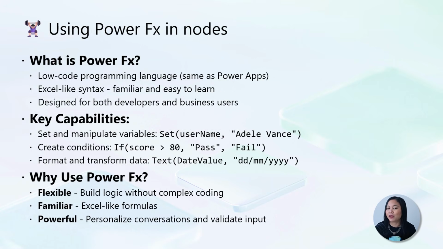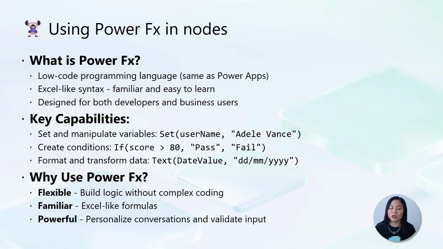Let's learn about Power Fx next. Power Fx is the low-code programming language that adds intelligence and dynamic behavior to your agent topics. It uses the same Excel-like syntax that some of you already know from Power Apps. With Power Fx, you can set and manipulate variables, create conditional logic, and format data.